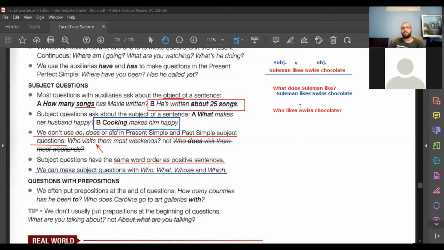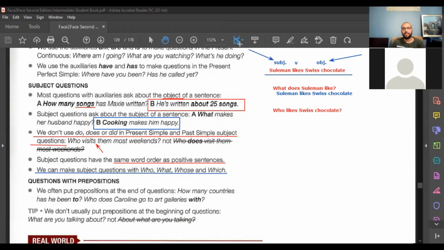But when I asked what does Sulaiman like, what did I ask about? Did I ask about the object of the sentence, or the subject? We know the subject, but we ask about the object. I want to know what he likes, so I want to know the object. The question is about the object, right?